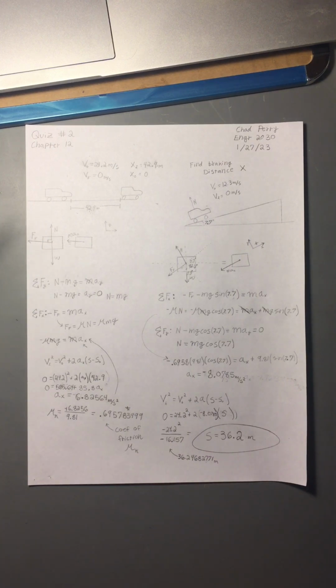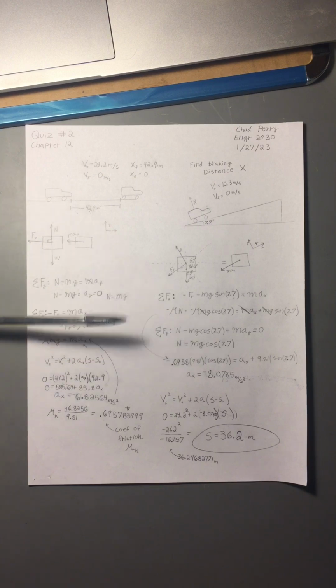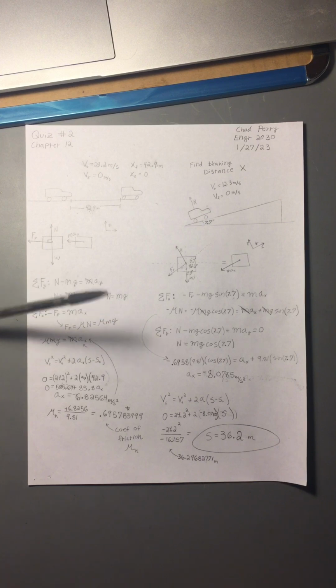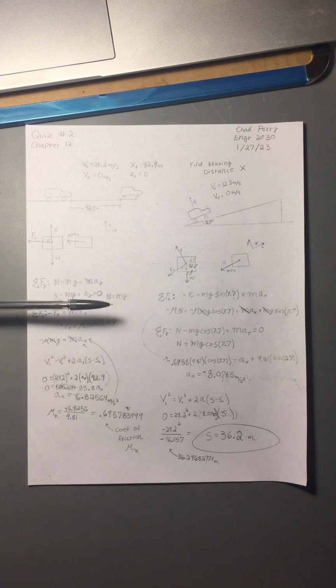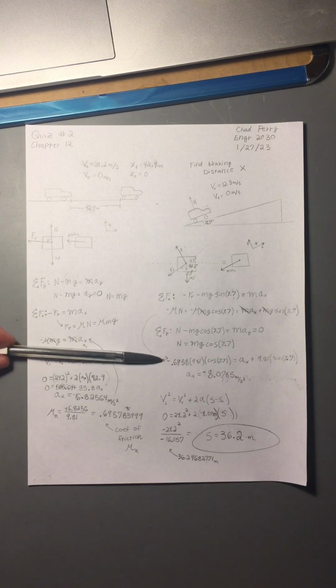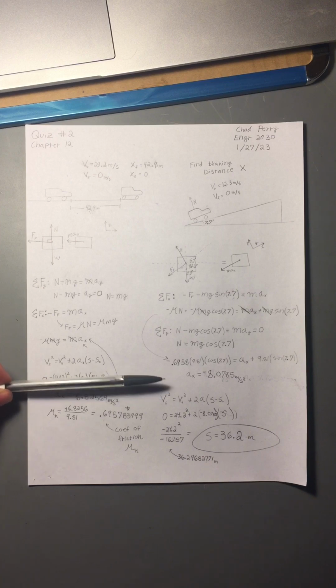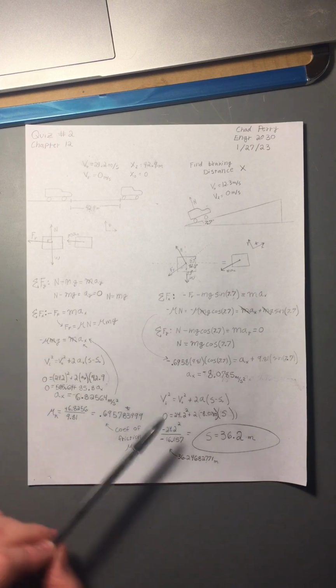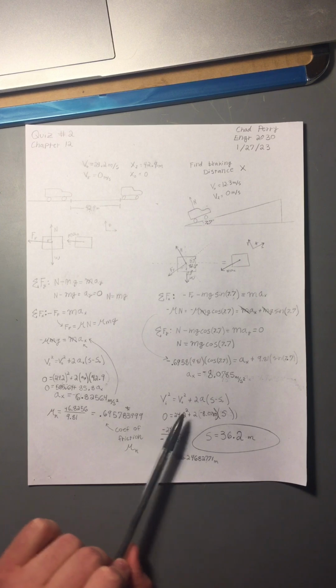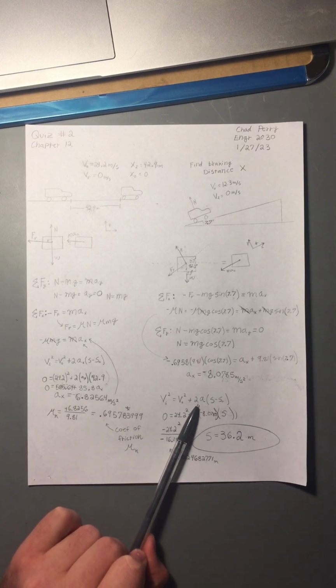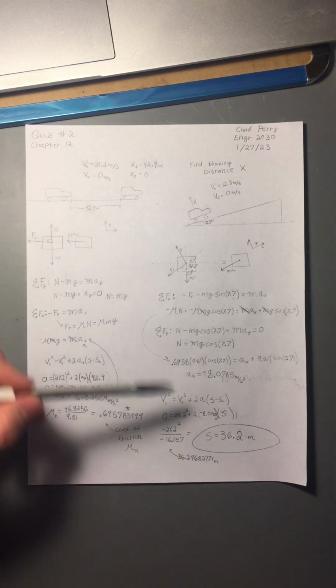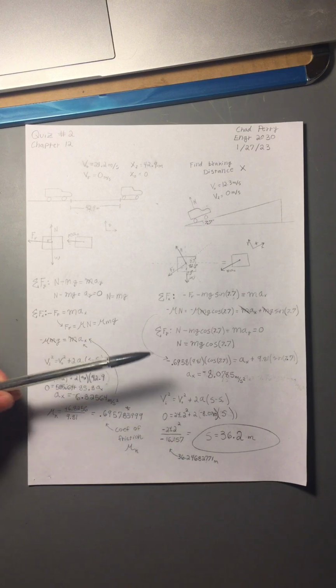And then looking at this, we know that our masses will cancel. And we can plug in what we have here to find our acceleration in the x direction. And so once we have our acceleration in the x direction, we can go back to that same equation where v final squared plus v initial squared equals 2 times acceleration times our change in position.